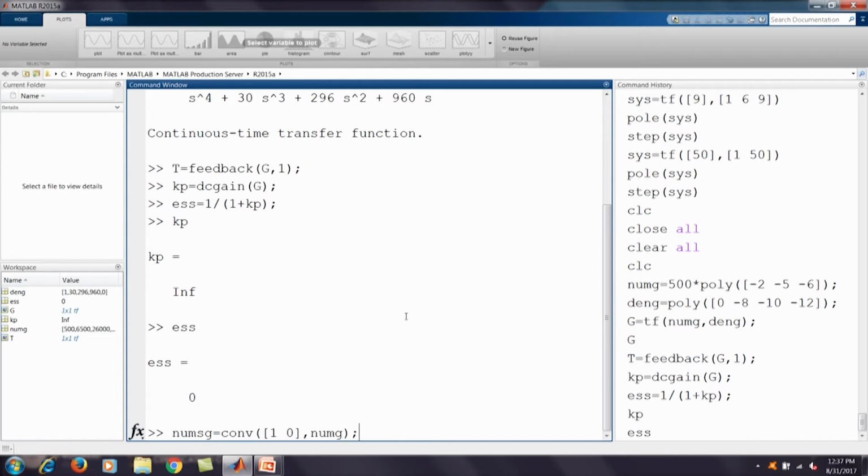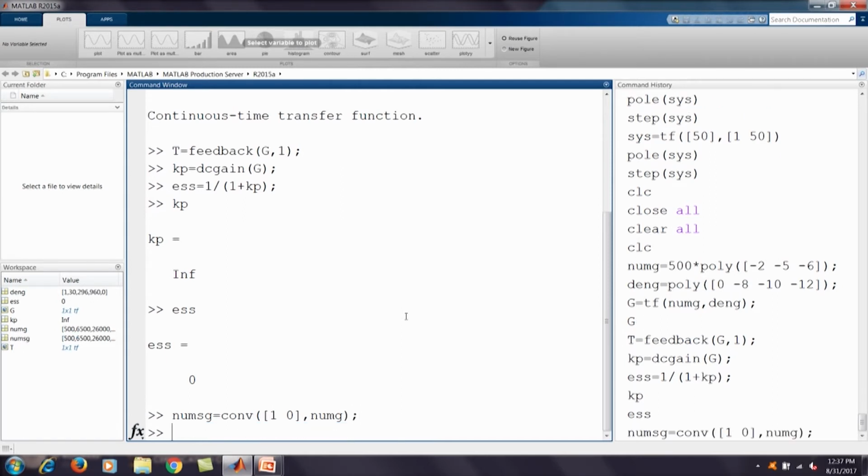So here we have got s in the numerator of this G(s), and then densG is the same as the earlier denominator, because we are not changing it. We have just renamed it as another variable with the same denominator.